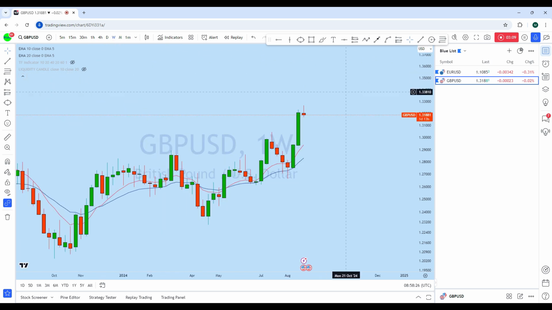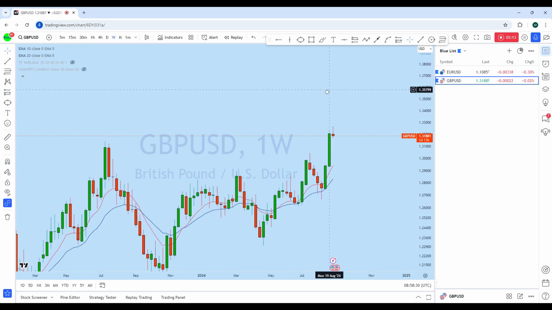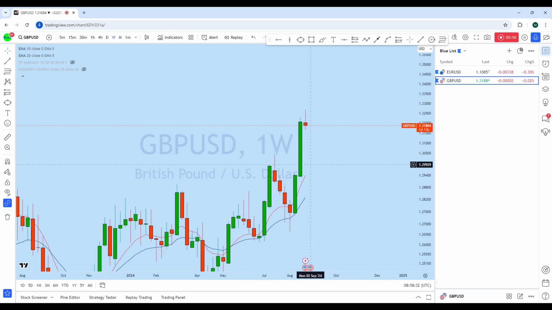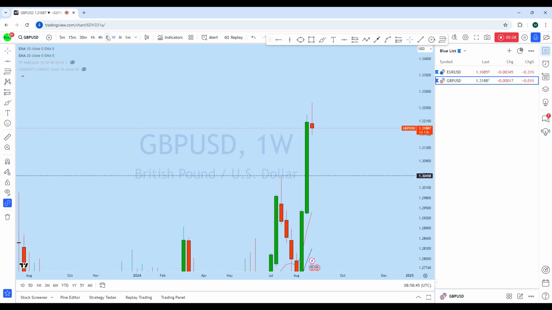If we drop down to the weekly chart, we can see that this is the weekly candle, which is almost nearing the end of the week. So far this week we saw an initial bounce. Currently the market is dropping back down to the weekly support level. We can expect further downside on British pound US dollar.